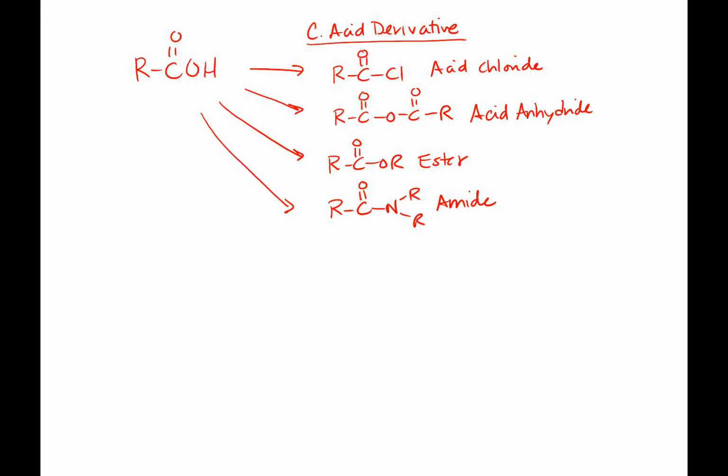And the reason that all 4 of these are called carboxylic acid derivatives is that when you treat each one of these with either H plus H2O or hydroxide and H2O, you will end up forming the carboxylic acid again.